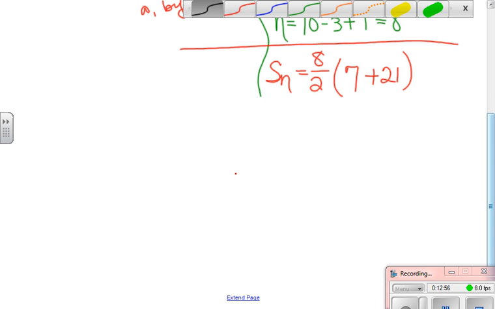I should have substituted, we actually are using 8 because n is 8. So the sum of the first 8 terms is 4 times 28. The sum of the first 8 terms is 112.